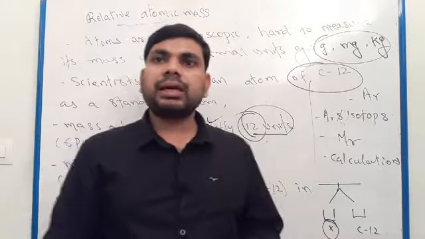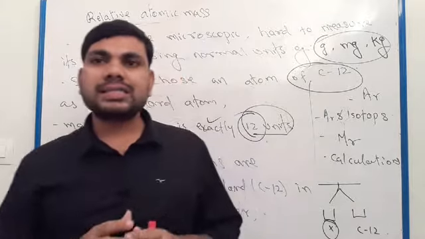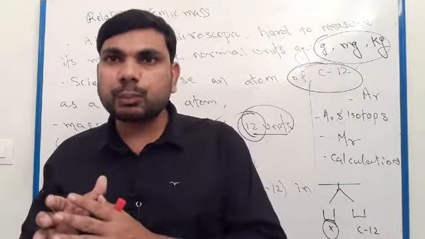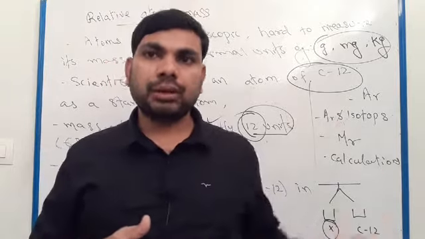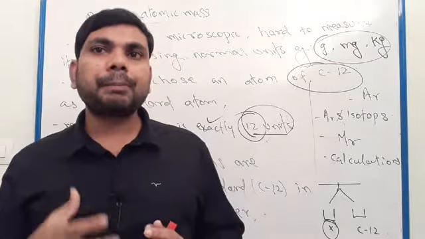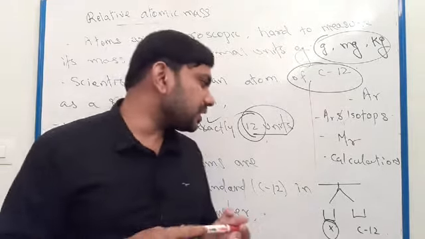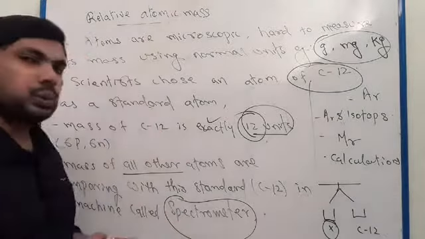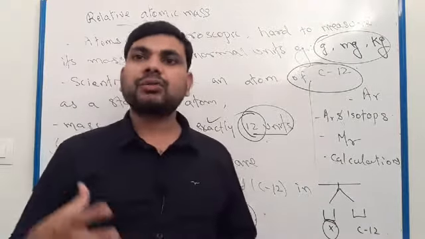Imagine this is a balance. On one side we take carbon-12, and on the other side we take the atom we want to measure. The basic concept is comparing the mass of an atom with carbon-12. And we will use a special instrument to measure the mass of an atom, called a spectrometer.